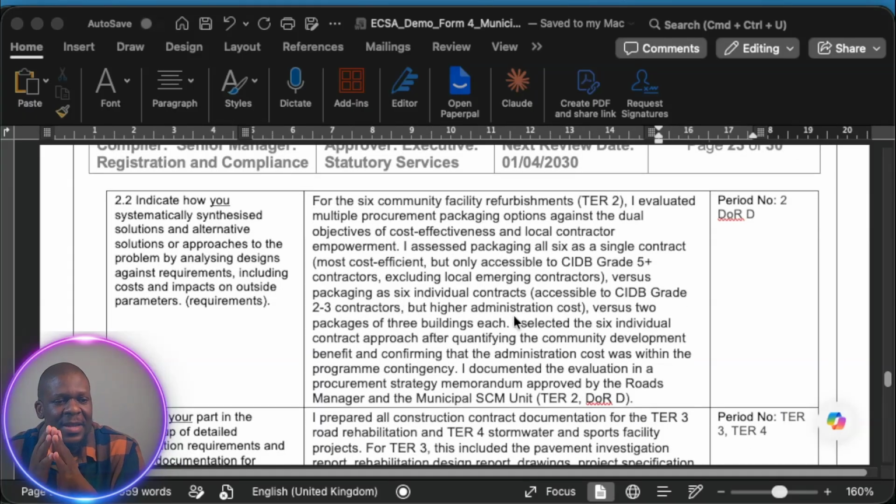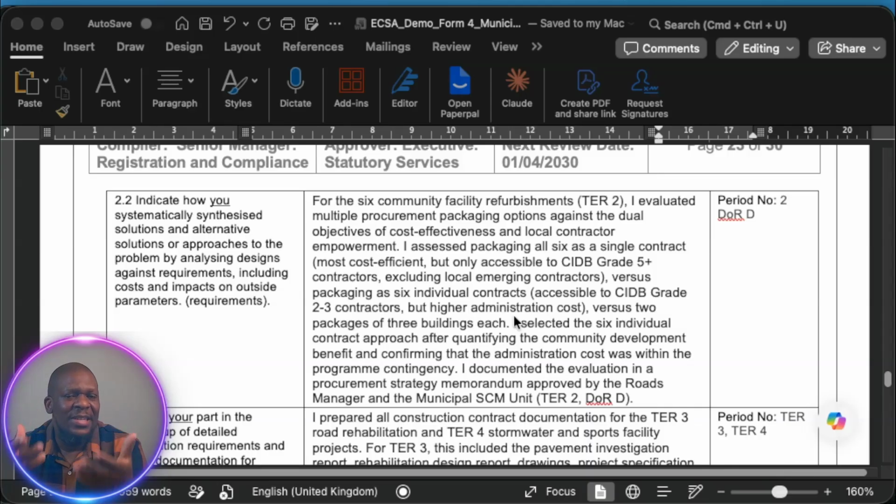All right. The next one that we are going to look at is 2.2. Indicate how you systematically synthesize the solution and look at alternative approaches or solutions to the problem by analyzing designs against requirements.